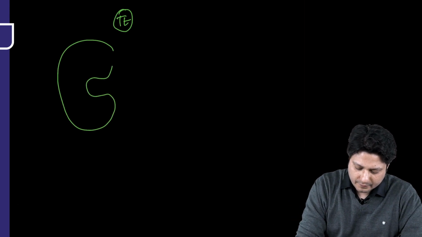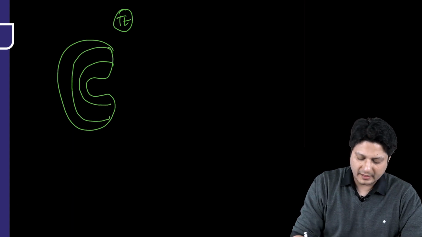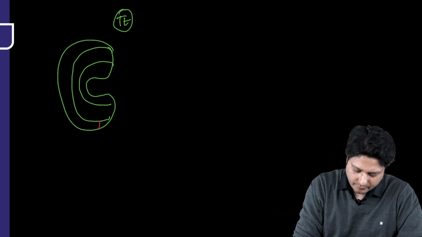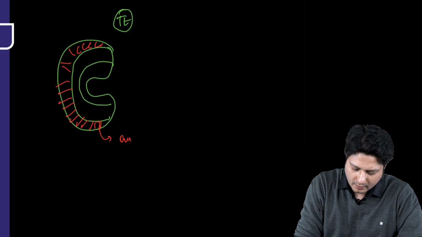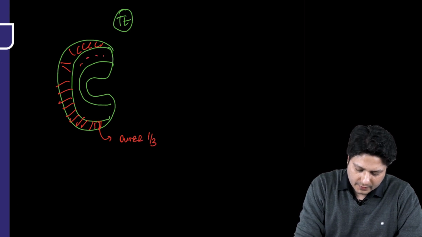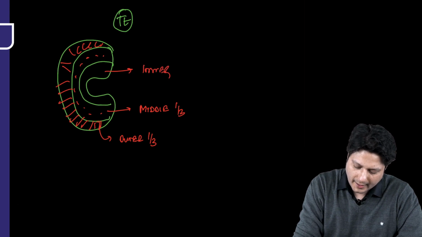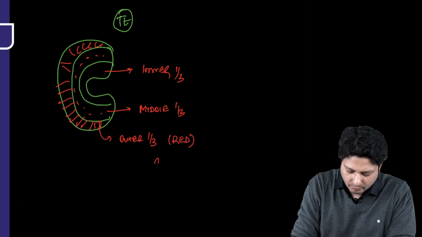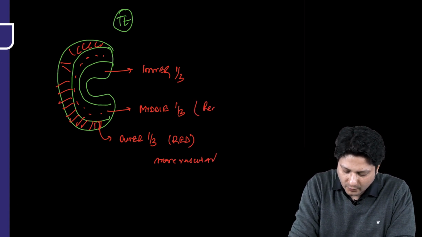If there is a tear, the medial meniscus is divided into three peripheral zones: this is the outer one third, this is the middle one third, and this one is the inner one third. The outer zone is considered to be a red zone because it is most vascular. The middle zone is known as the red and white zone.